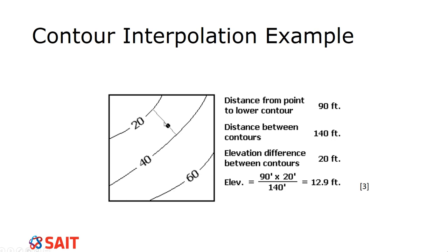I would say that it falls between 20 and 40, so therefore it needs to be about 30. It might be a little bit higher, like 31 or 32, but that's what we're going to say. So ignore this because it shouldn't be 12.5 feet, unless this is in inches. But anyway, that is how you would do that estimation of where that point is located.